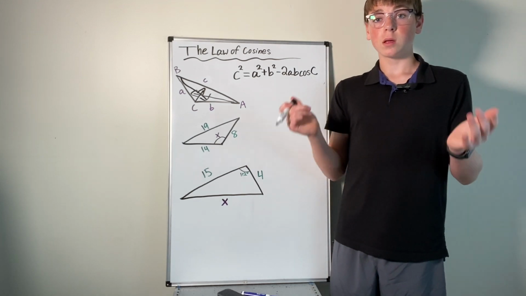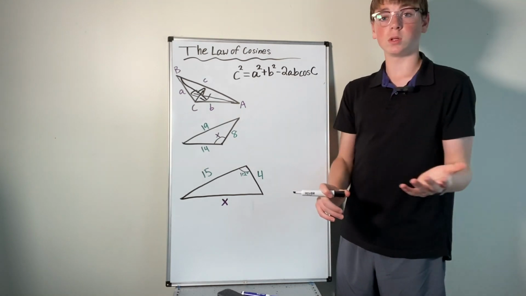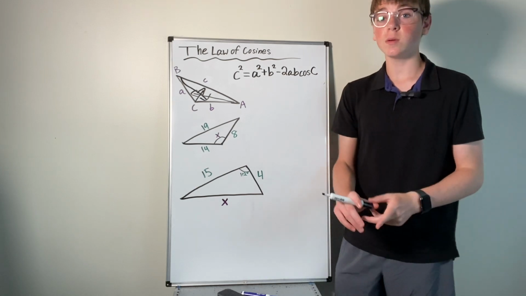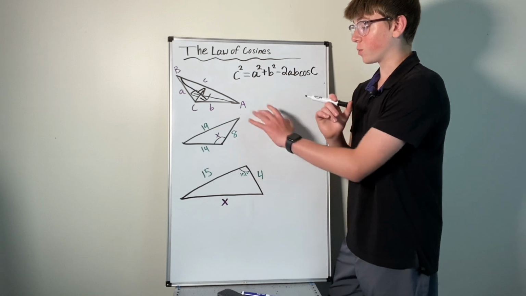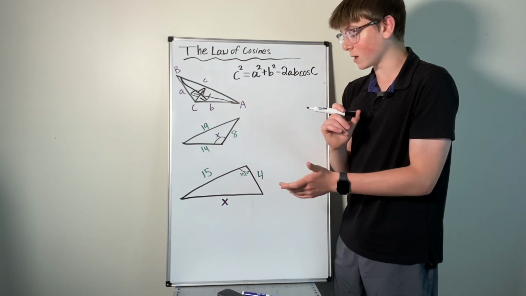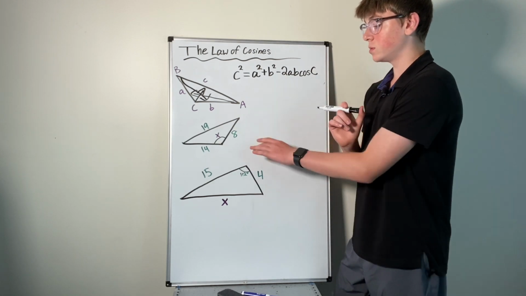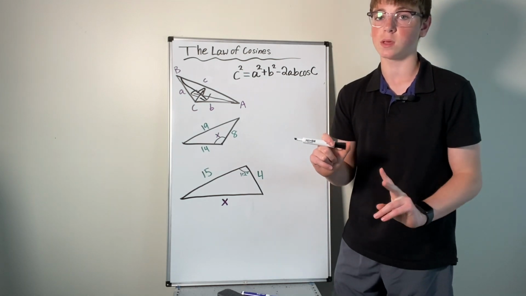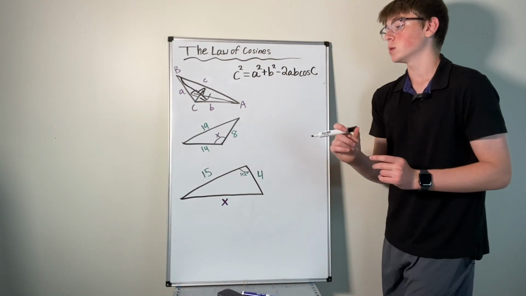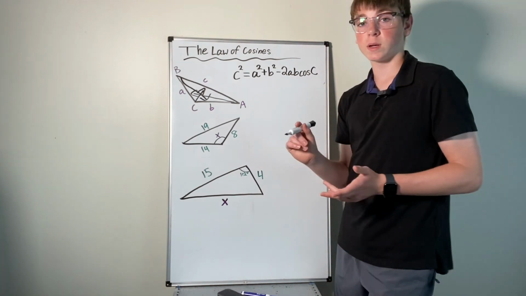Okay, now let's start. How can we use this law? Well, we can use it when it's not a right triangle, and when we either have three sides and are looking for an angle, or when we have two sides and an angle looking for the next side. Those are the two cases you can use it. So let's start with three sides.